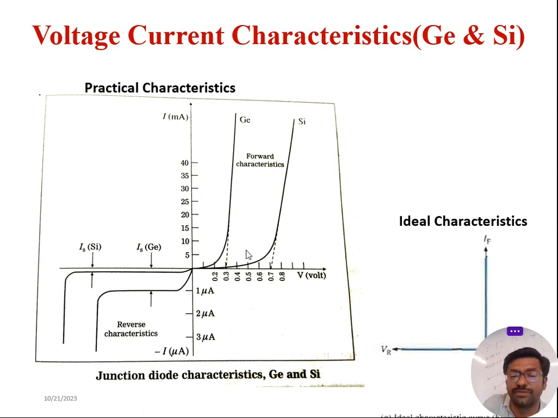We will cover why we prefer the silicon diode over the germanium diode in another video. As far as reverse bias characteristics are concerned, the reverse saturation current for silicon is very small, so in reverse bias the diode is nearly off. That is why people go for silicon diodes. Another major advantage is that the temperature range for silicon is very good. That is an important concern.